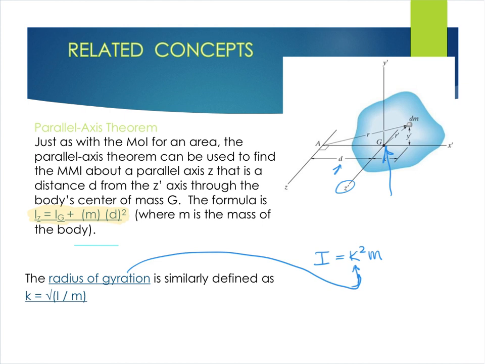The idea is that if I have a certain moment of inertia, we could think of what would be the appropriate distance from the axis of rotation at which I could locate all of the mass and have that same value of moment of inertia. That distance, shown here as k, is called the radius of gyration.